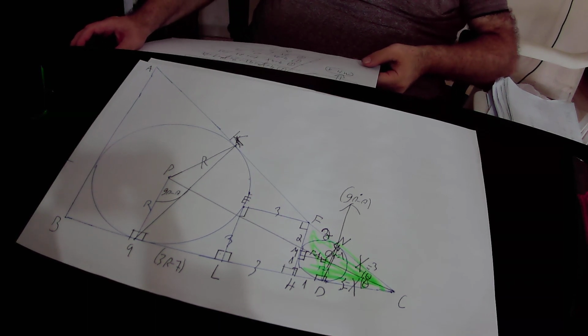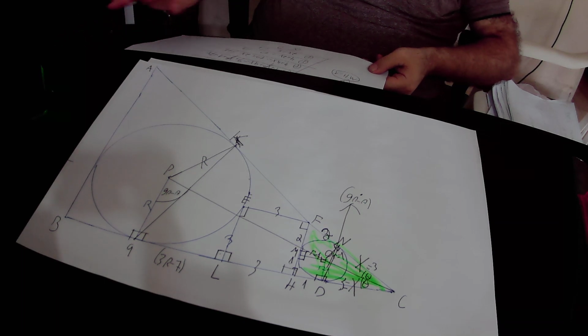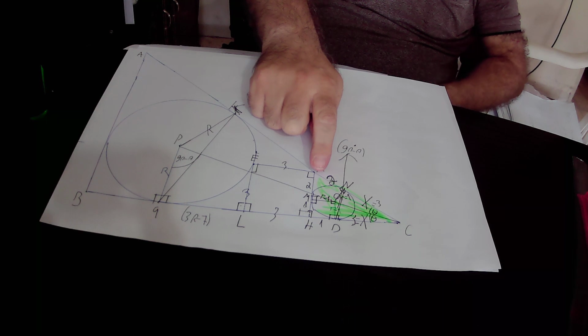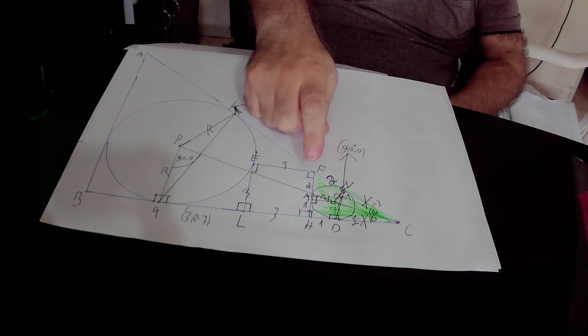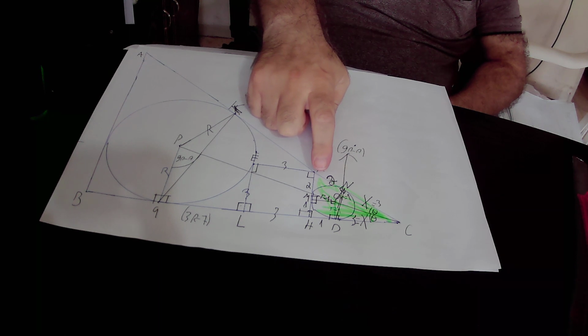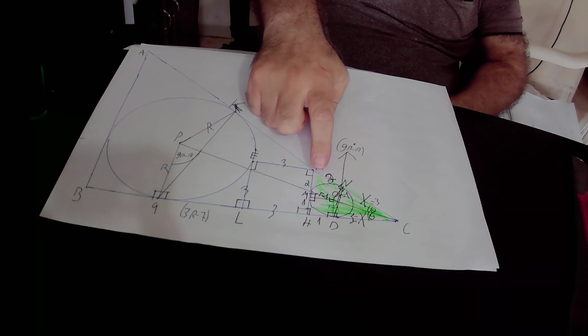So here we focused on the small quadrilateral MOHD. According to the 3 rules that I mentioned, we arrived at the conclusion that this small quadrilateral MOHD is a rectangle. Why? Because it has 4 right angles.